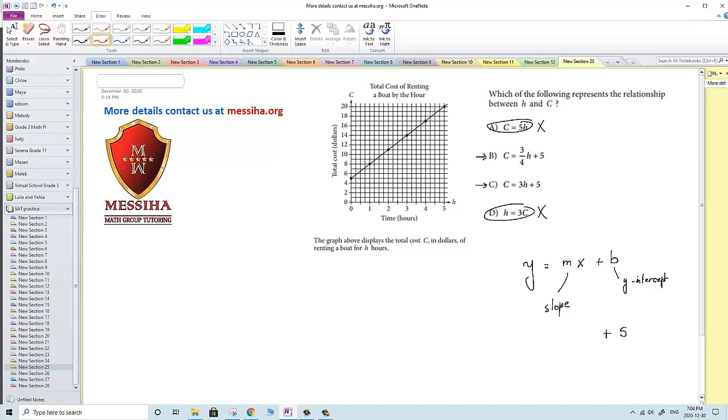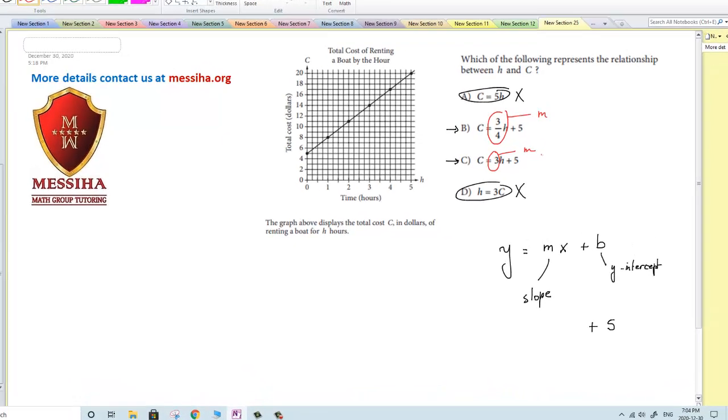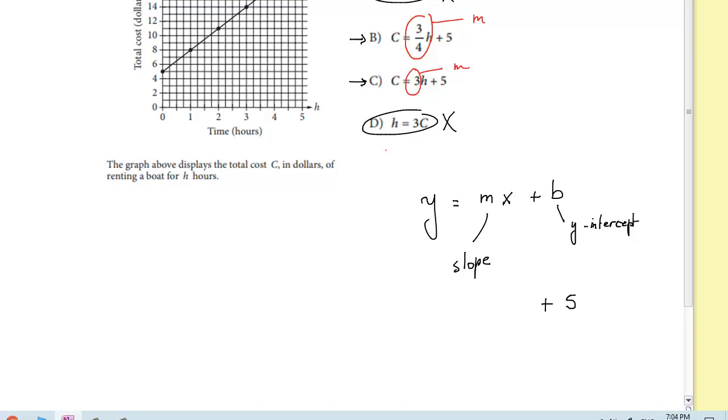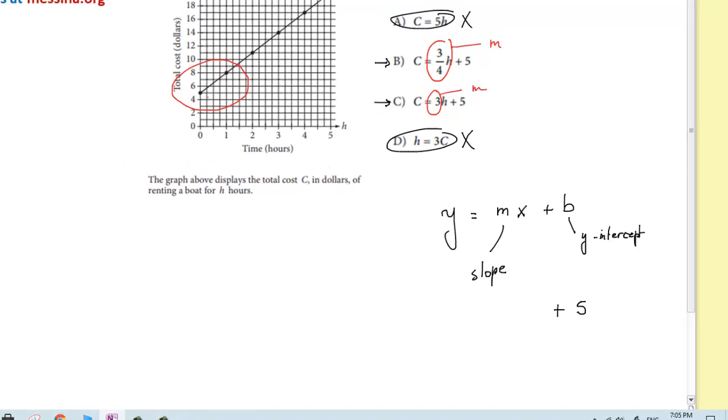I'm not sure which one is going to give me the right answer. So what can help me to choose the right one is the slope, the m. Is m equal to 3 over 4 or m equal to 3? And what can help me? The graph. So I can take two points, a small part here. This point is coming from 0 until 1.